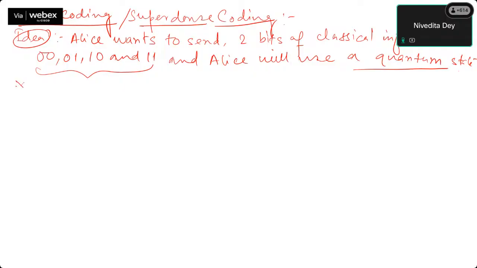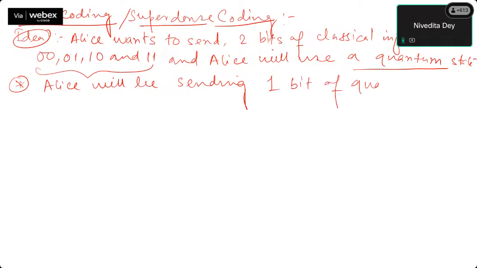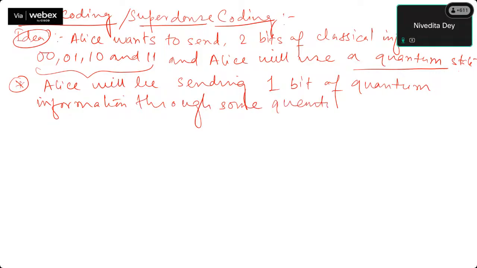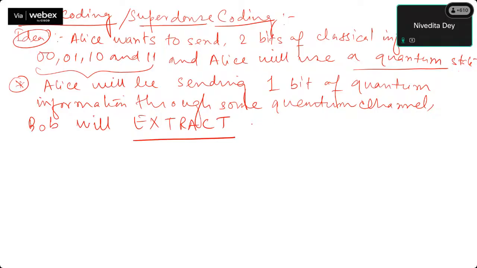Another point is Alice will be sending 1 bit of quantum information through a quantum channel, and Bob should be able to extract 2 bits of classical information.